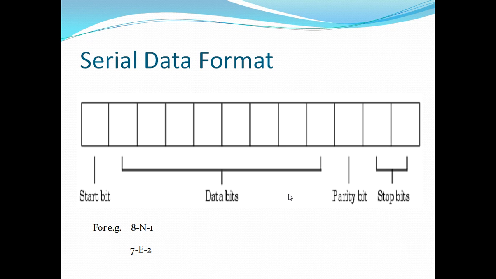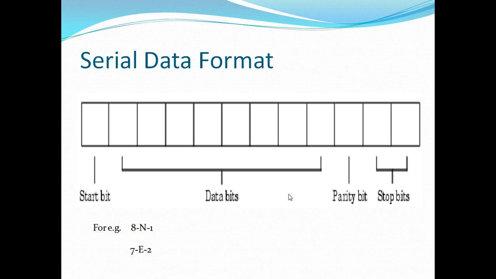Whenever we go for 9-bit transmission, the data bits are attached with the parity bit to avoid errors between transmission and reception. Generally we use 10 bits of data transfer: one start bit, 8 bits of data, and one stop bit. Along with this, the parity bit is also sent if we are going for 9-bit data transfer.